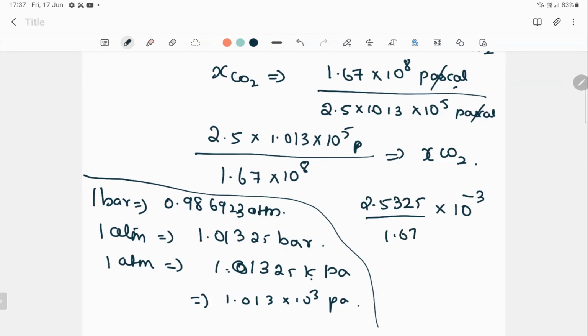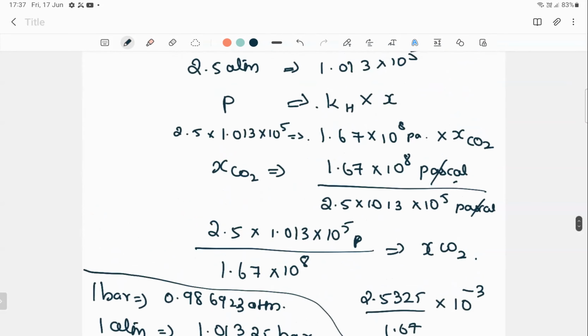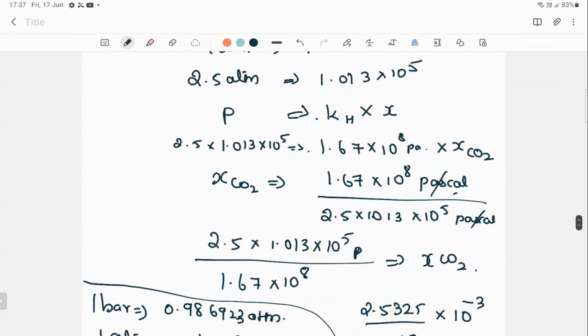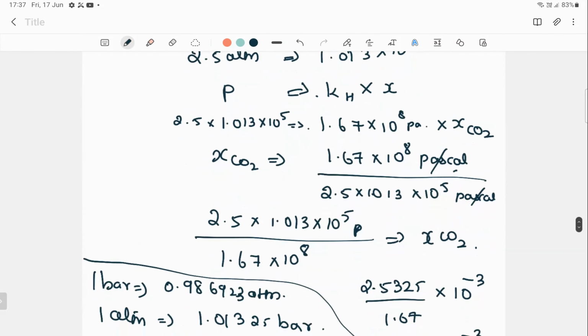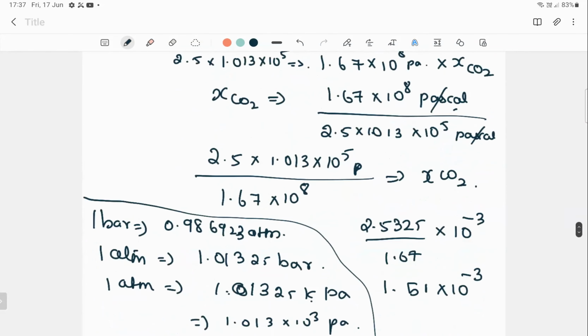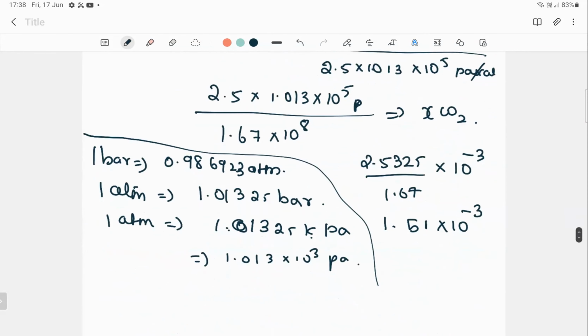So 2.5325 divided by 1.67 is equal to 1.51 into 10 to the power -3. Everybody got this answer? Clear? Do you have any doubt in this? Shall I repeat? No. You got it. Everyone got this thing. See, this is actually the most important thing in your conversions.